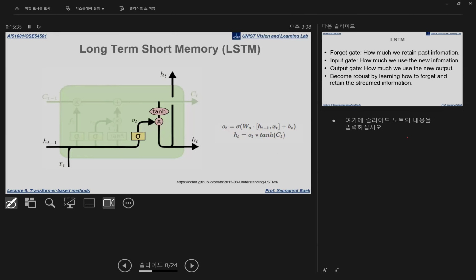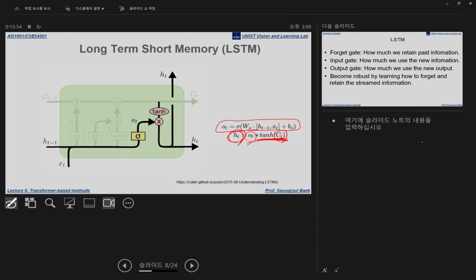And also, this is the output bit, okay? For C of t, even for this information, we multiply again with the output bit to decide what to finally output, okay?